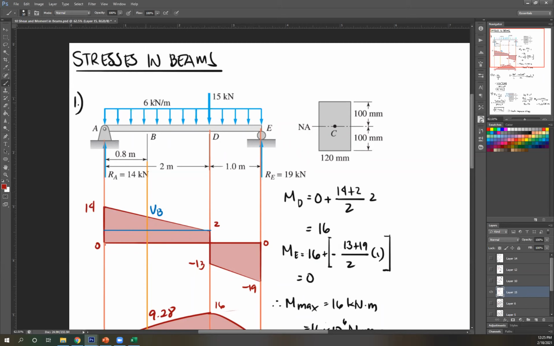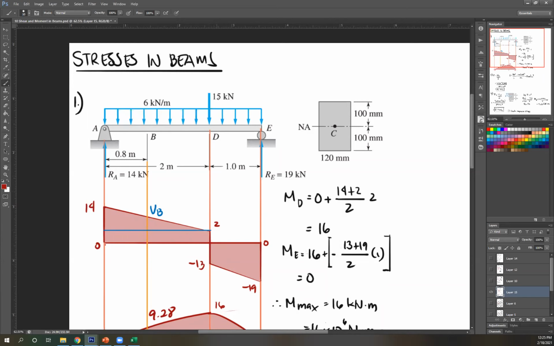So this 6 is the height of your rectangle here, times this length, since I want to end up here. Remember, you're mostly always stopping at supports and at points of application of force or moment. I have an application of force here, that's why I stopped there. That's a segment. So again, 14 minus the area of this, which is 6 times 2. So 14 minus 12, that's 2. That's why I ended at 2.